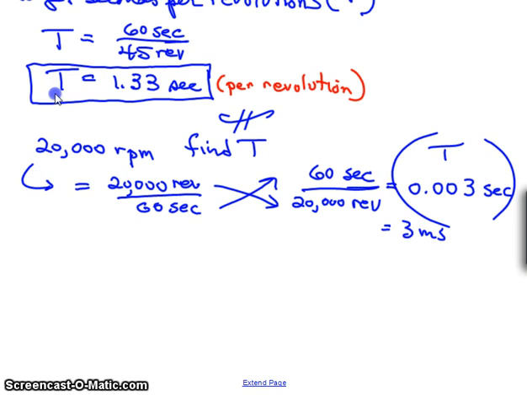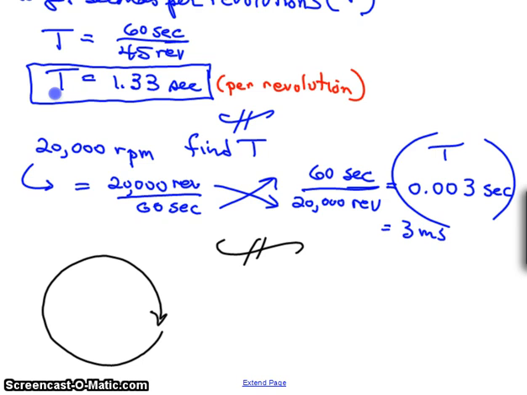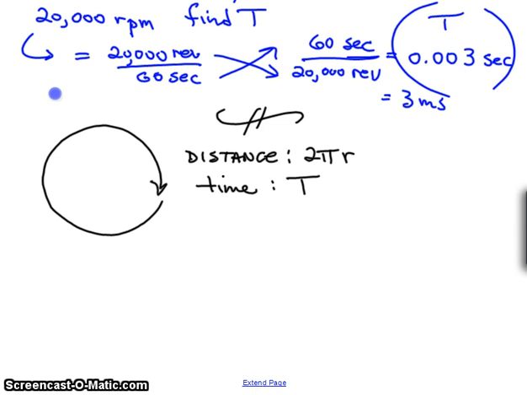Well, for an object traveling around in a circle, we can see that the distance it covers is given by, as we just said before, the circumference, 2 pi r. What is the time it takes to go that distance? Well, we just defined that time as the period, capital T. Therefore, we can write for our velocity, what is the velocity of the object?